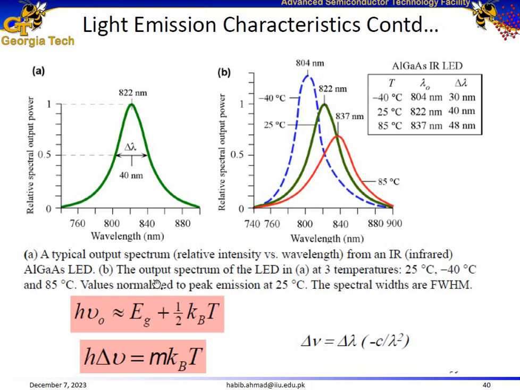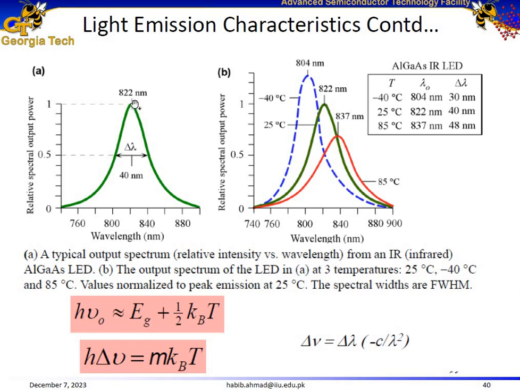Generally, with increase in temperature, the band gap of a semiconductor shrinks or decreases. Which means that with increase in temperature of the light emitting diode structure, the peak emitted wavelength also increases. For example, consider an aluminum gallium arsenide LED.